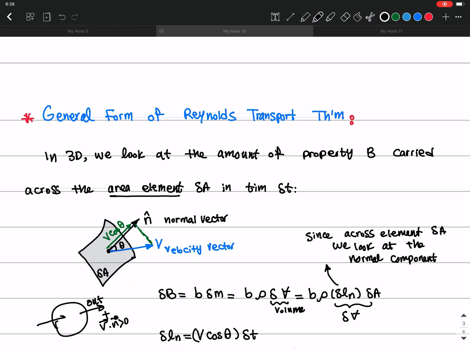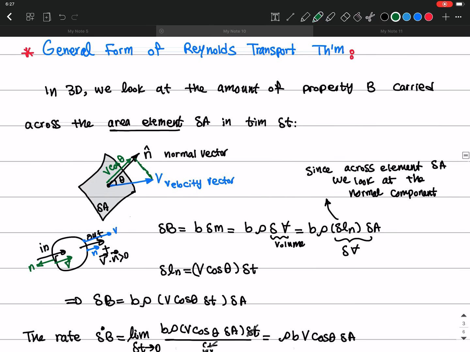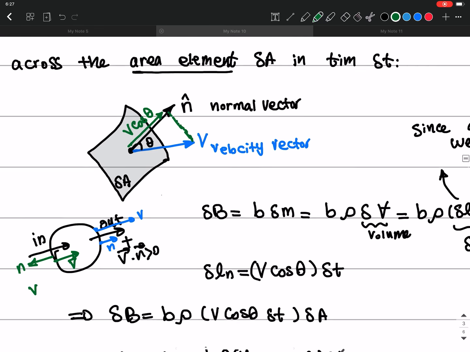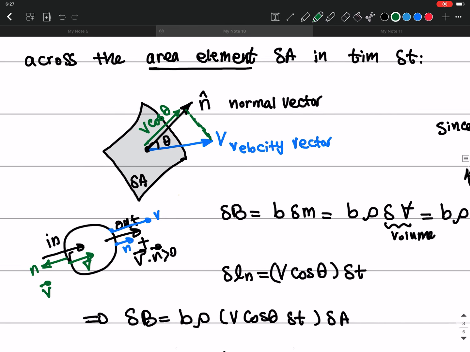When it goes in, this is N, and this is V. So V dot N is positive here, but when it comes in, V dot N is going to be negative, right?